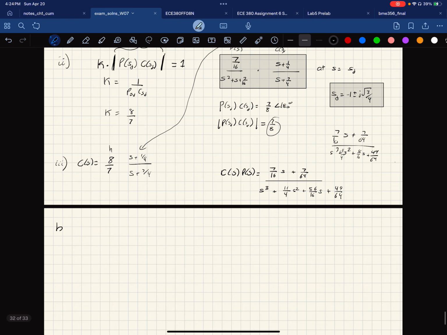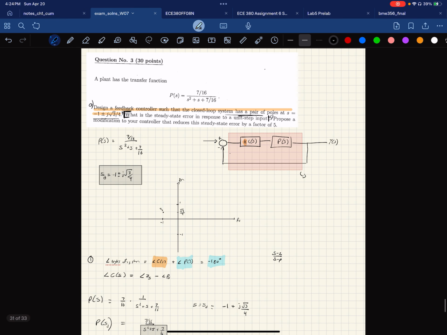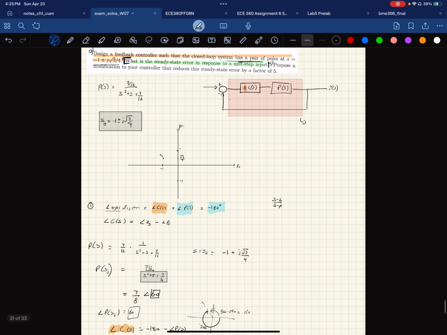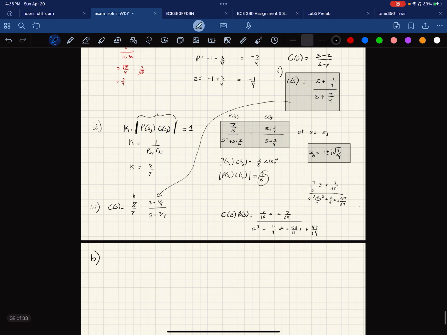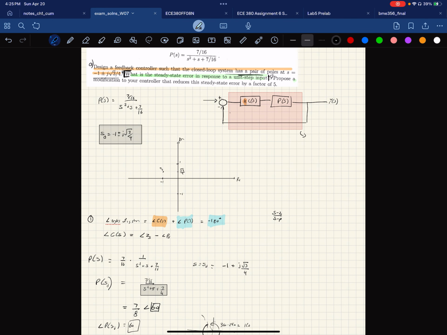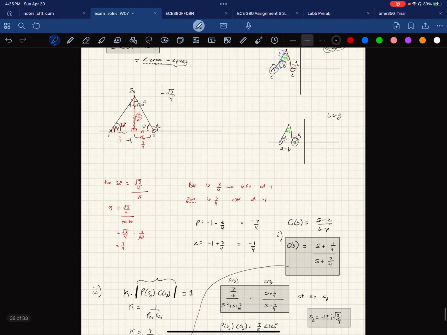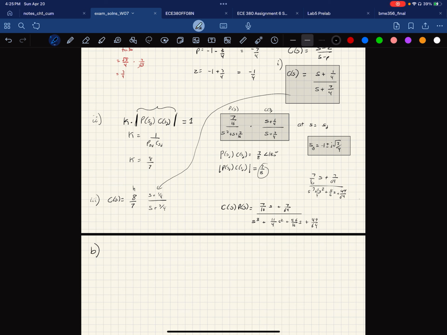Which means that if I begin part B with the question of what is the steady state error in response to a unit step input, then I can say that the steady state error in response to a unit step input, part B, is, enough. K C(s) is just going to be 8 over 7 times this.